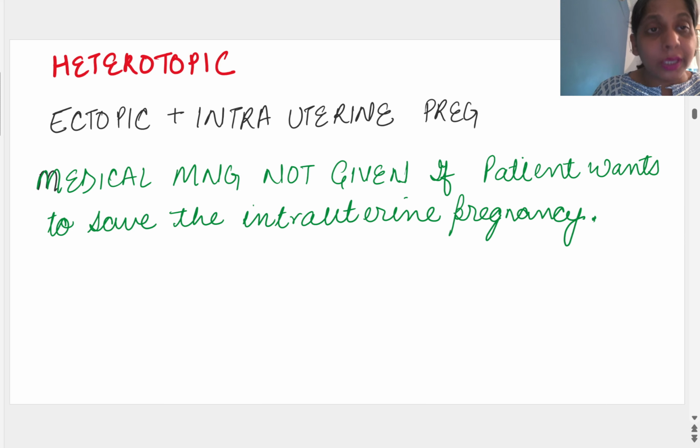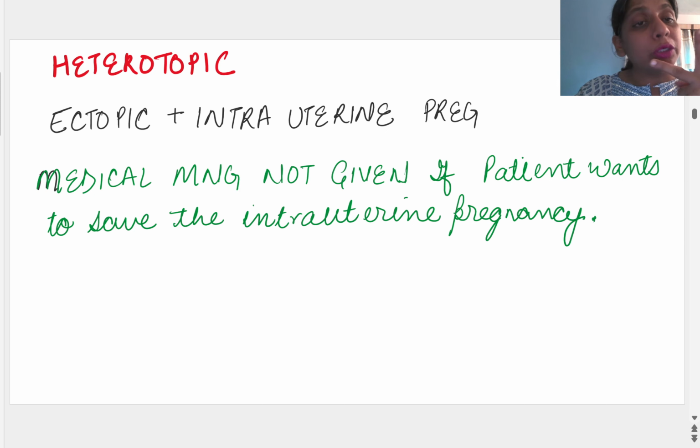Usually this heterotopic pregnancy occurs in IVF cases. So if the patient wants to save the intrauterine pregnancy, we will do salpingectomy, and that intrauterine pregnancy progresses very easily.